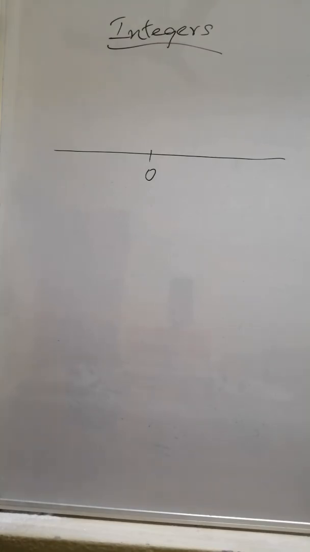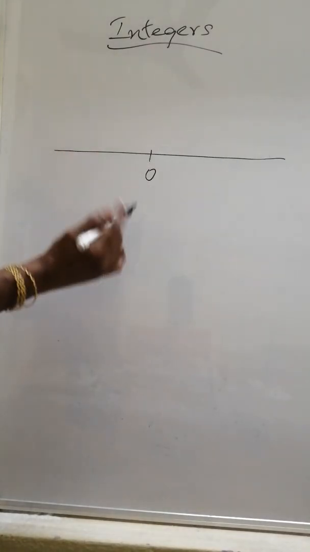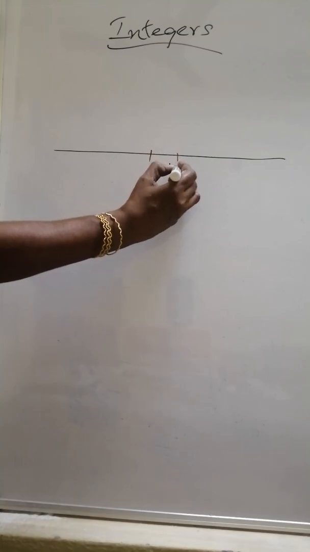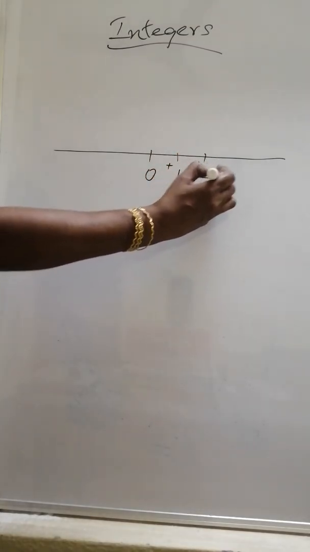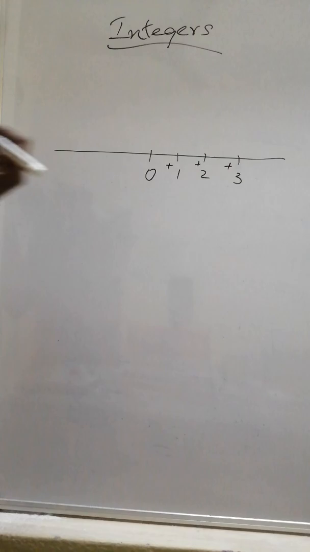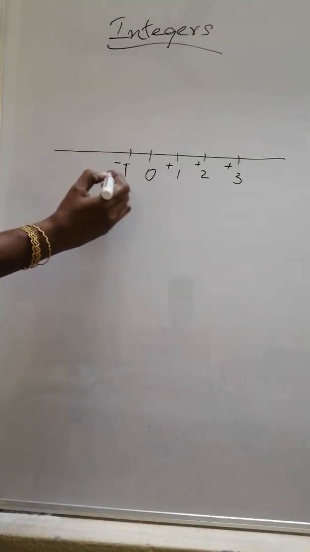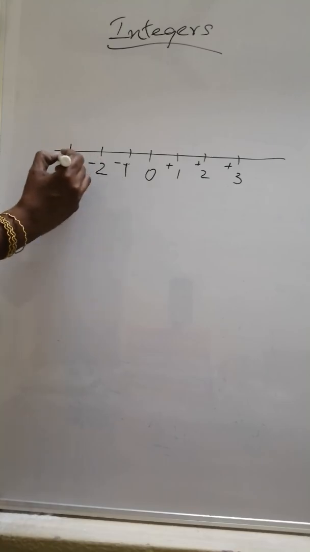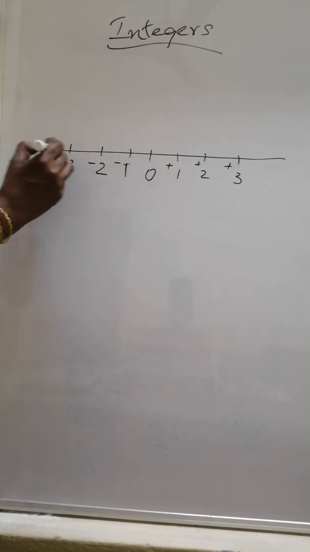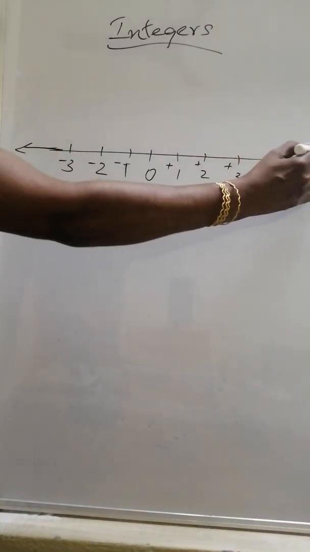In arithmetic also, we say when the numbers are to the right of 0, they are positive integers. When it comes to the left, they are called negative integers. That is negative numbers.